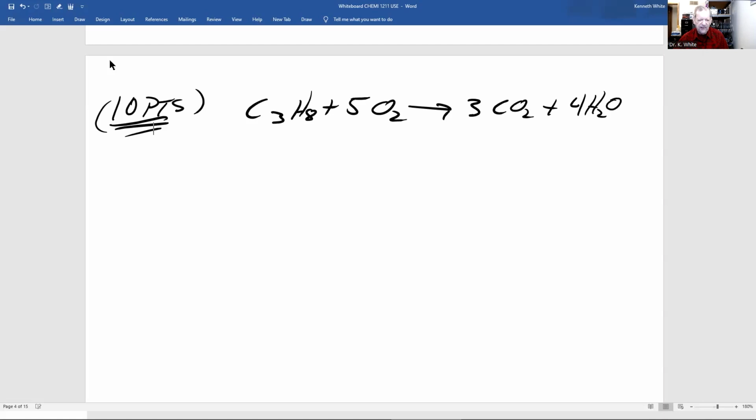You will be given for this problem a balanced chemical equation. For this one, it would be this equation. And the problem is: how many grams of C3H8, that's propane, the stuff in the white tanks for your barbecue.